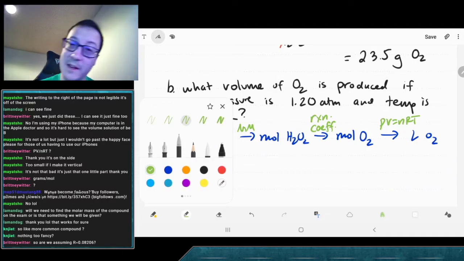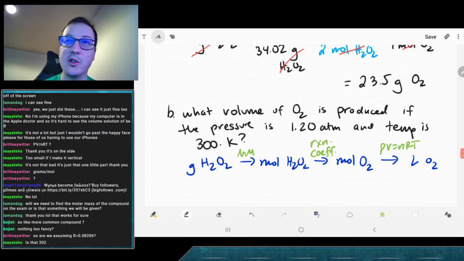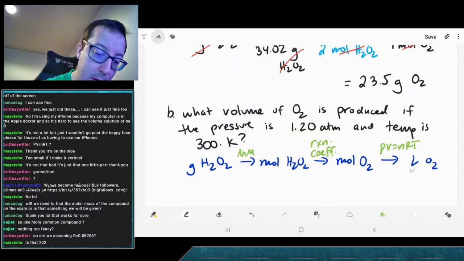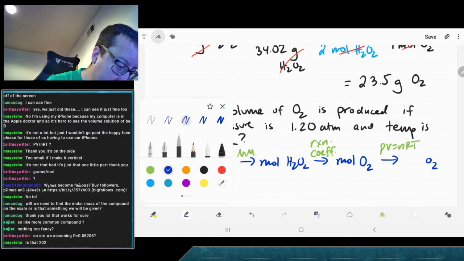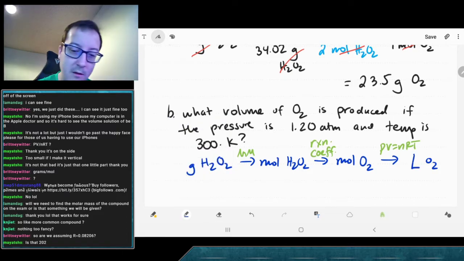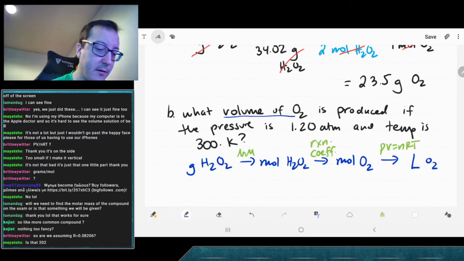If you are confident, you can just take your grams of oxygen here and get moles. That is a liter, L. So volume. This part here.